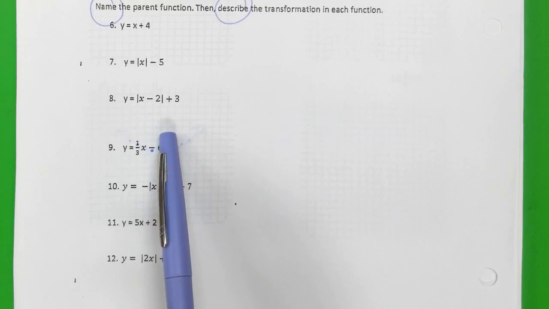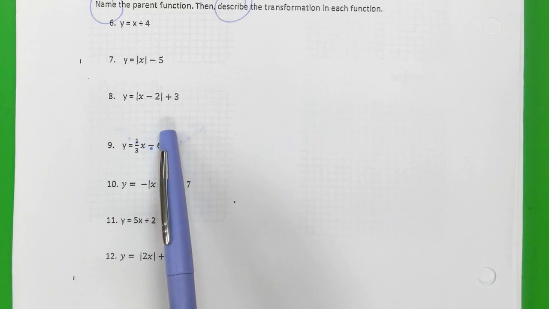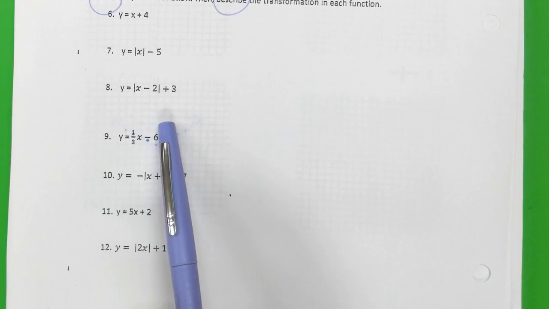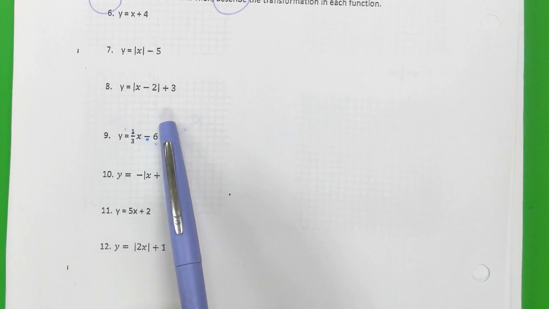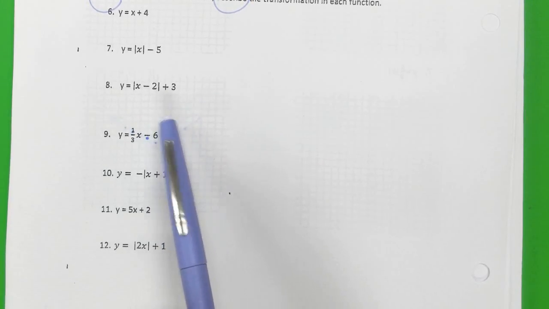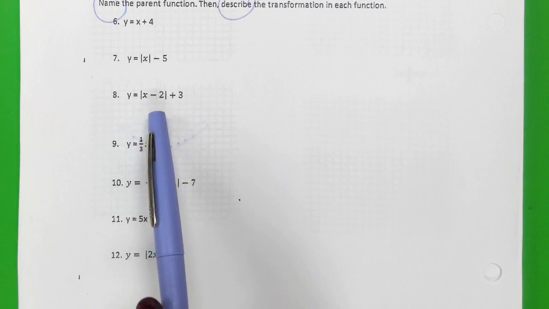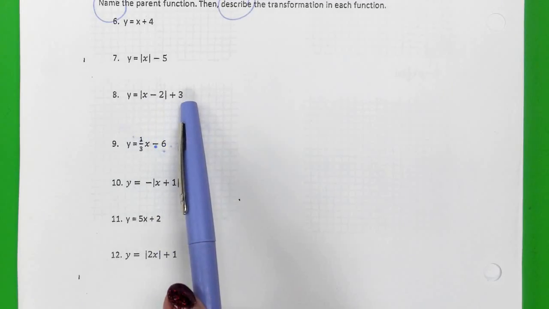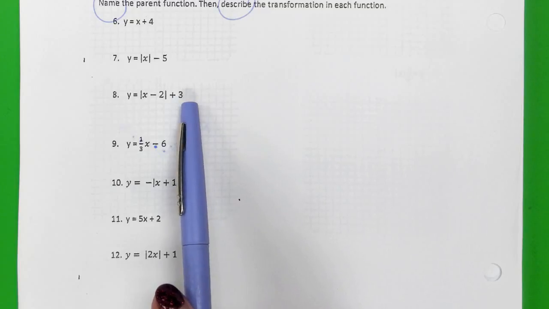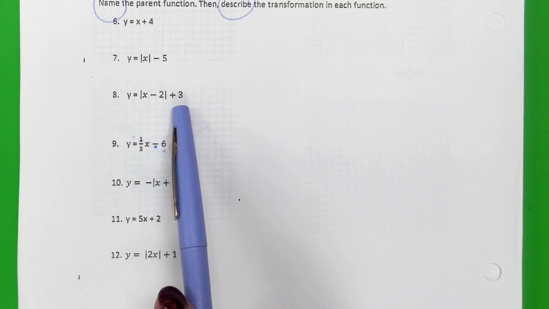What's the parent function of absolute value? What's that? Y equals the absolute value of x. There you go. All right, so that's number 8. Absolute value. And what's it do? Right 2. And up 3. Perfect. Right 2, up 3. Perfect.